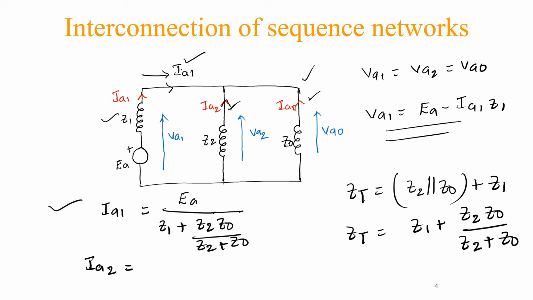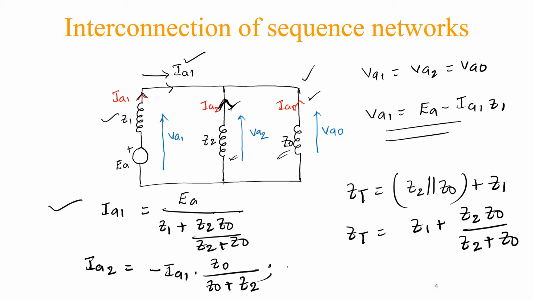So now if you see the current here, what will be the current value? Plus value we have to consider, or minus? For this IA2 current, this current is traveling in the opposite direction. So that is why this will be represented as minus IA1 into opposite branch impedance Z0 divided by the sum of these two impedances, that is Z0 plus Z2.